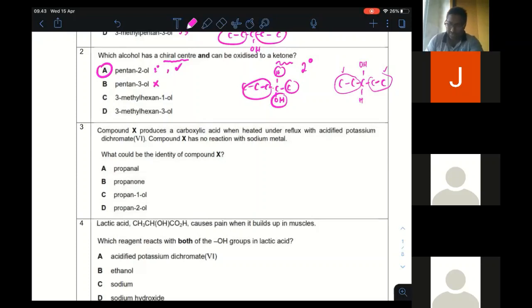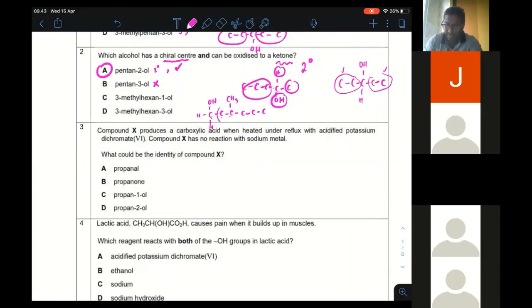For C, 3-methylhexan-1-ol. Let's draw hexan-1-ol, and then 3-methyl: 1, 2, 3, so CH3. This is going to be a primary alcohol. A primary alcohol doesn't qualify; I want a secondary alcohol.